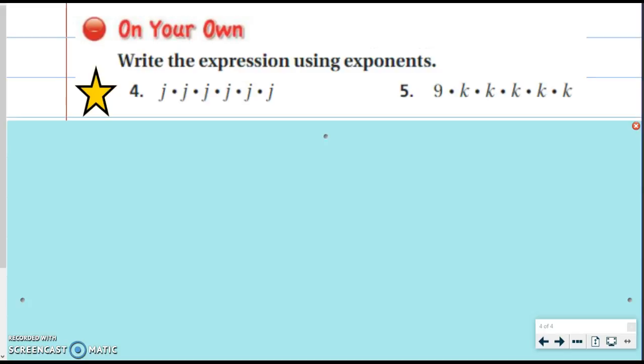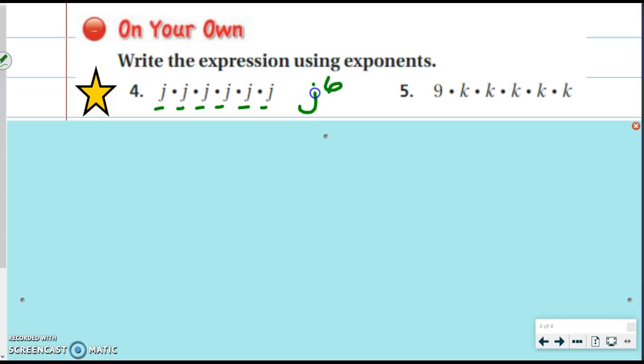All right, so I have some examples for you to try on your own, just like we would normally in class, and then I'll check in with you on how you do. I am going to work these problems out eventually so you can check your answers. So first of all, I want to write the expression using exponents. So I see the letter J, and so that's going to be my base. And I'm going to see how many times it's a factor, and that would be 6.